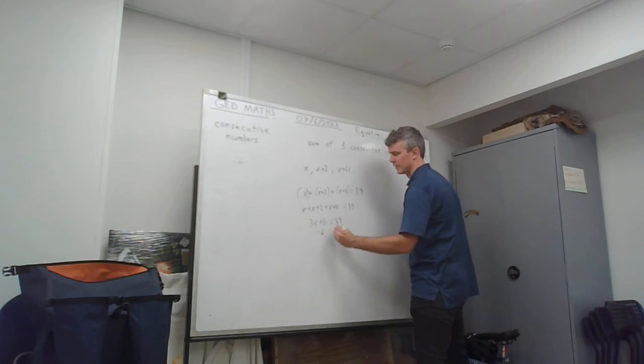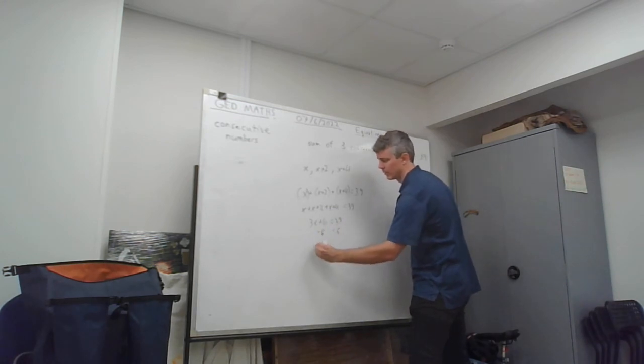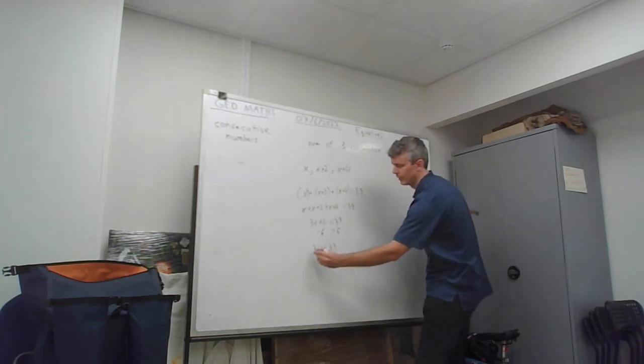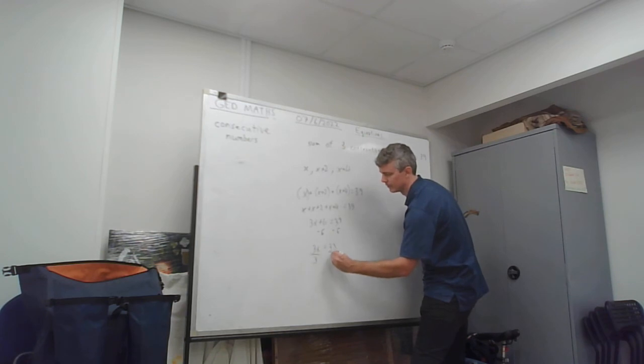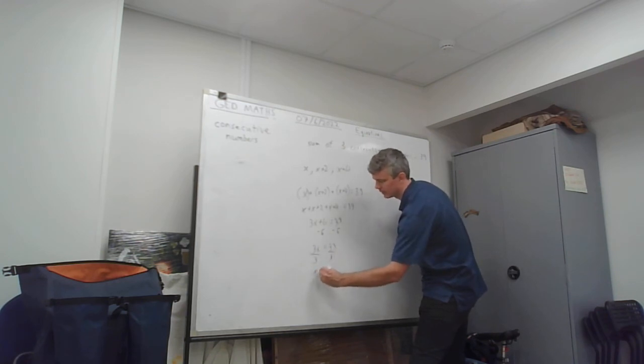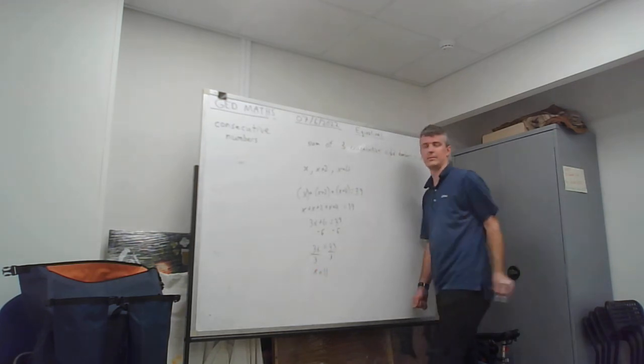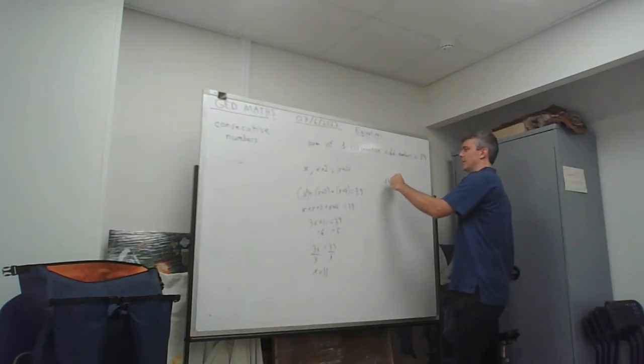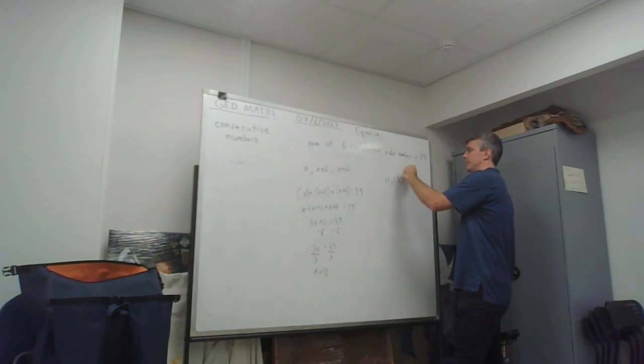Subtract 6, so we get 3x equals 33. Divide by 3, x equals 11. So our three numbers are 11, 13, and 15.